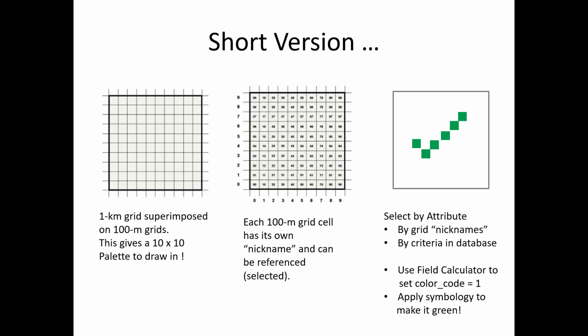And then you just select the particular grid cells, the child cells, by the nickname. Then you use the field calculator and give it a value, and then you go back in and symbolize it, and that's your glyph. So this is a very simple version, but the paper will give you more ideas on more complex things.